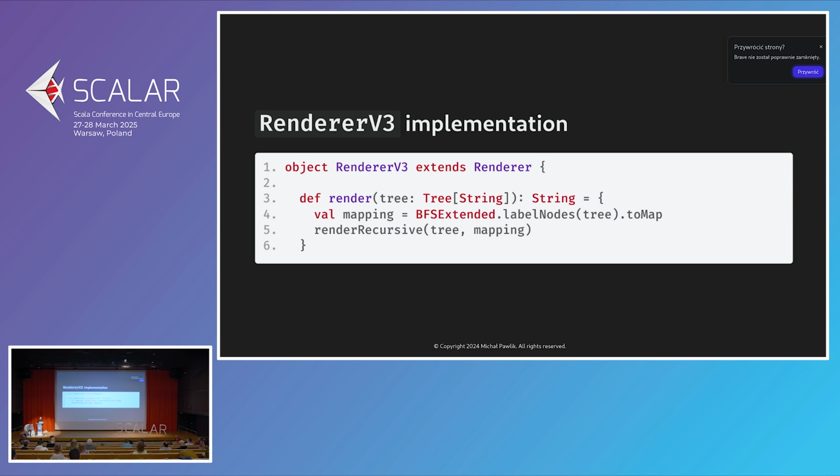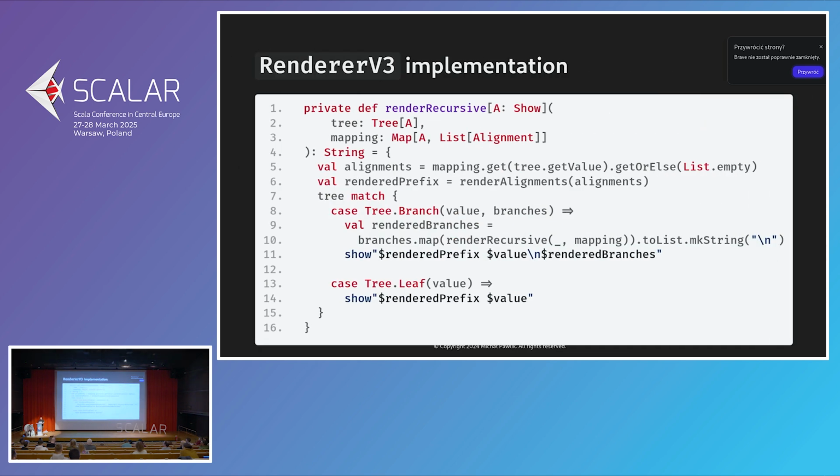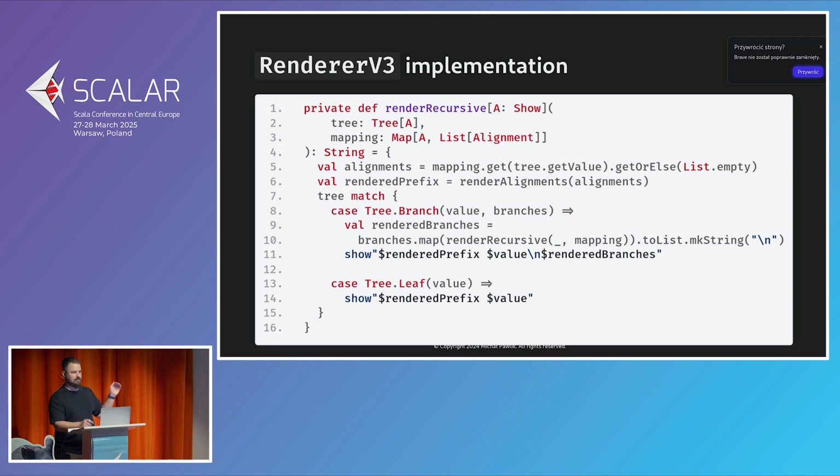First, the algorithm creating the mapping, you will realize that I used toMap, because we produced lists of A to something, we just turned that to a map, and then we render this recursively. It is pretty straightforward. The algorithm that we started, the huge pattern matching, we just extract the mapping for the current node. We render a prefix based on the alignments that we know, and once we hit the leaf, we just draw the prefix and the value.